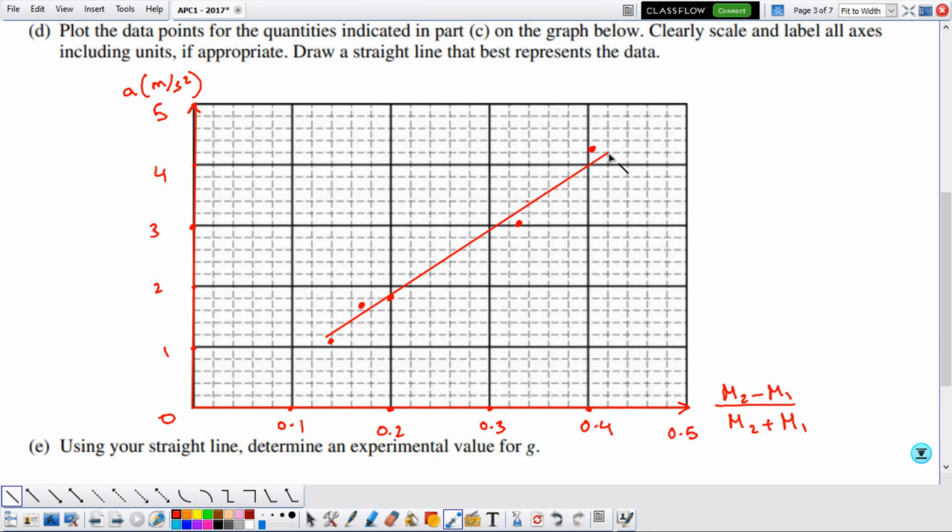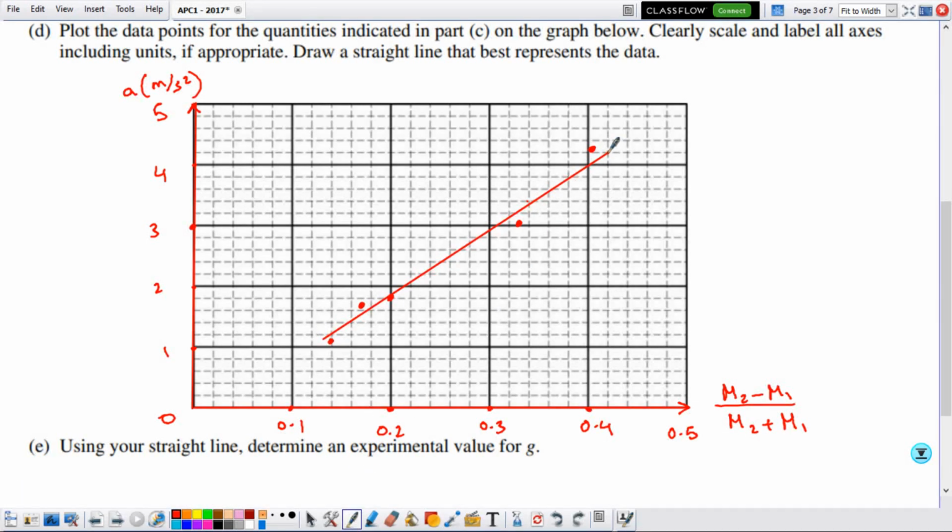Now notice that when I'm trying to draw the line, I'm trying to draw it in a way to pass through perfect points in order for the slope calculation to be easy. So basically I'm aiming for this point. So I have aimed for this point, which looks perfect, and I have aimed also for this point, let me say, which also looks neat. Okay, so this is our drawing for the best fit line.